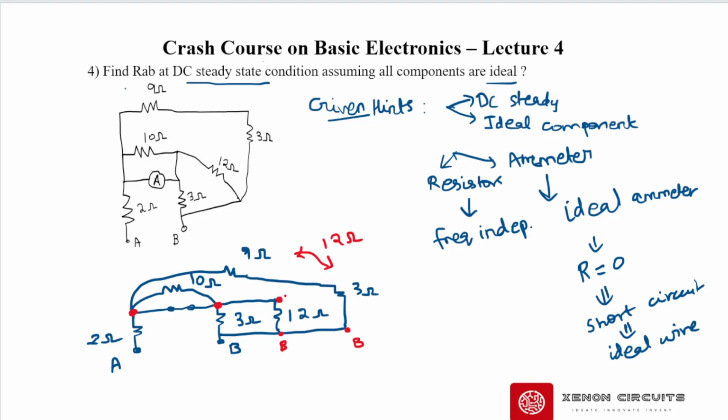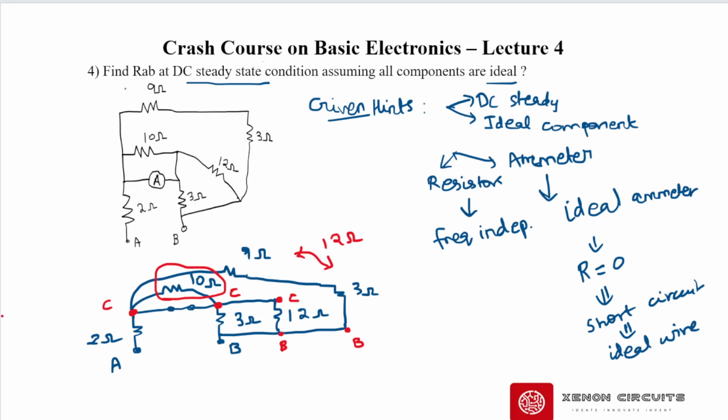Let's name this node C, so this is also C, this is also C. If any element has its two terminals connected to the same node, then the electrons won't flow through it, since the potential difference is zero, which means there is no current flowing through it, and I can remove this resistor. So this is removed.